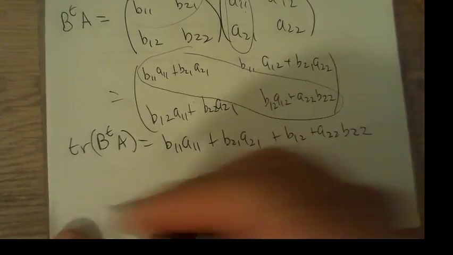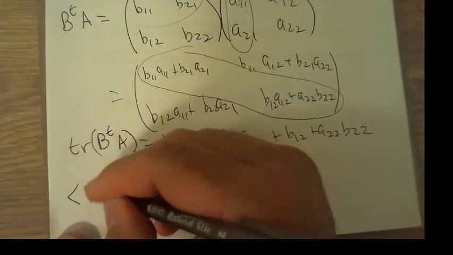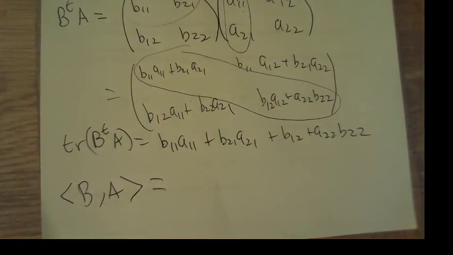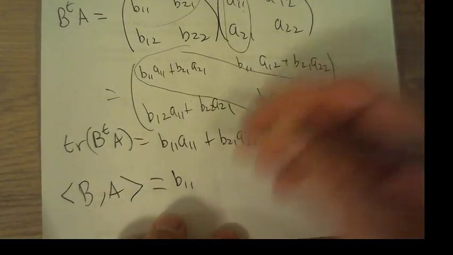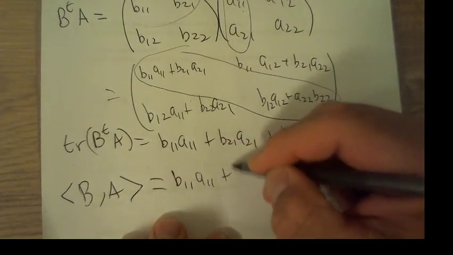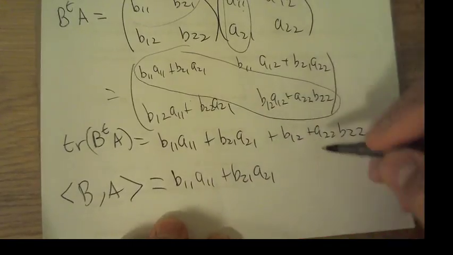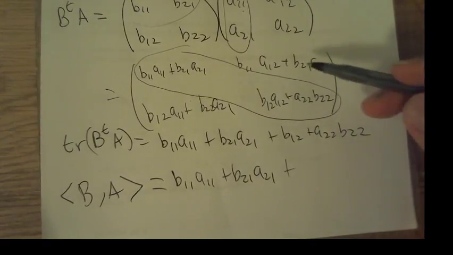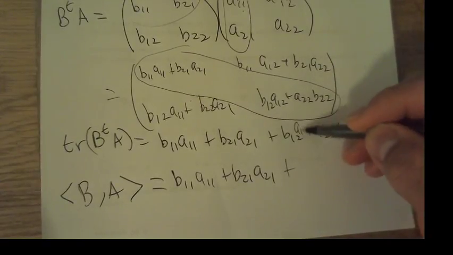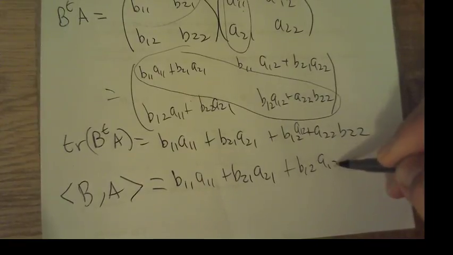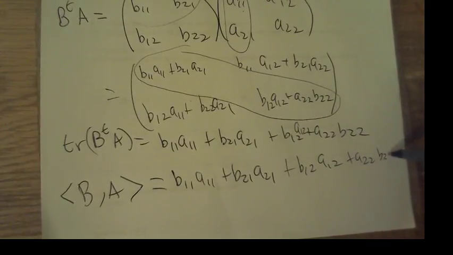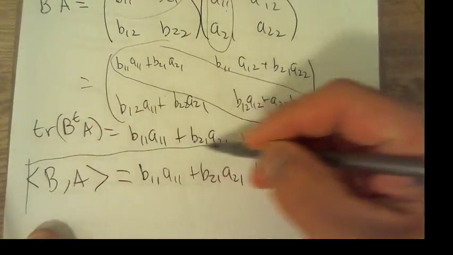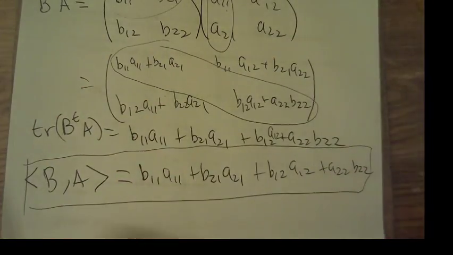Okay, so when we do that, instead of using the above trace notation, why don't we work with this?